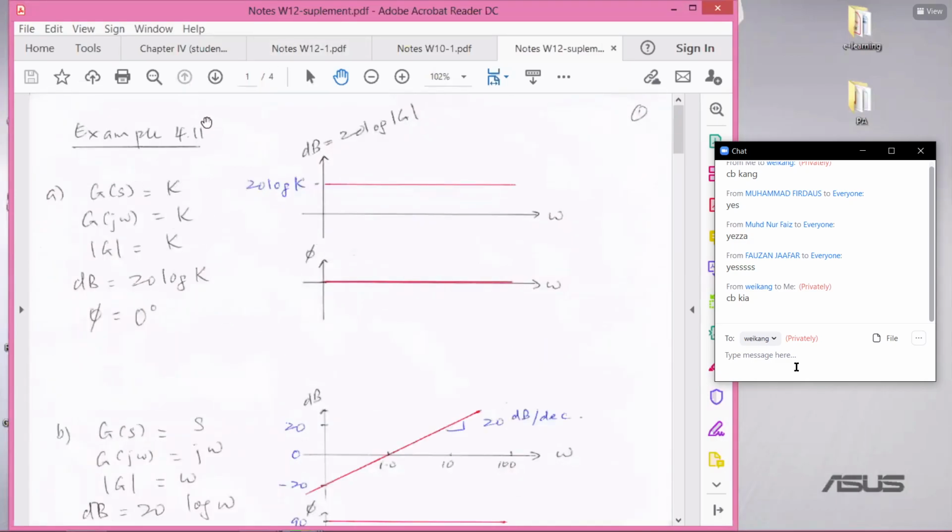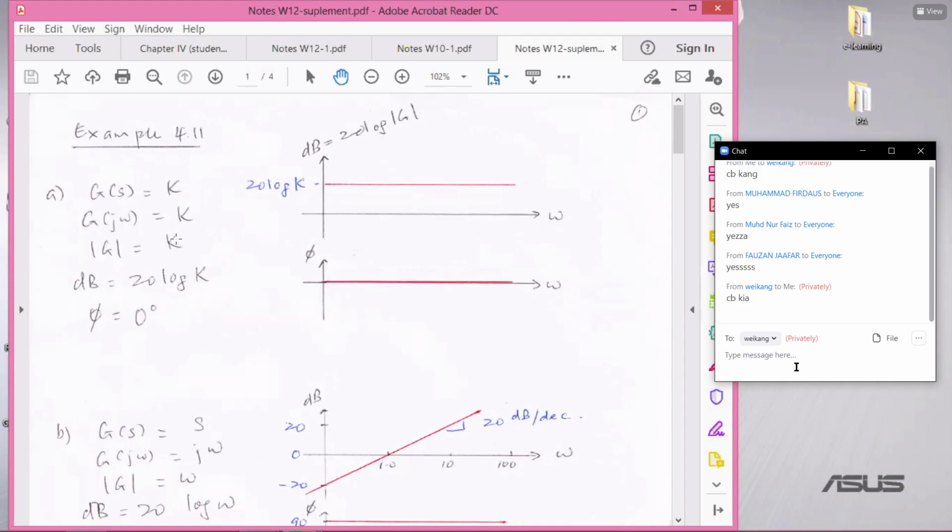So this is example 411. We want to draw the Bode diagram for a transfer function that is just equal to a constant k. Now your magnitude is not a function of omega. If you substitute s equal to j omega, it's still going to be k. So the magnitude k is just a pure real number, and it is not going to change as a function of omega.